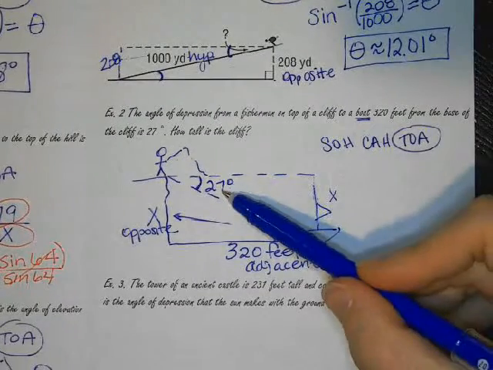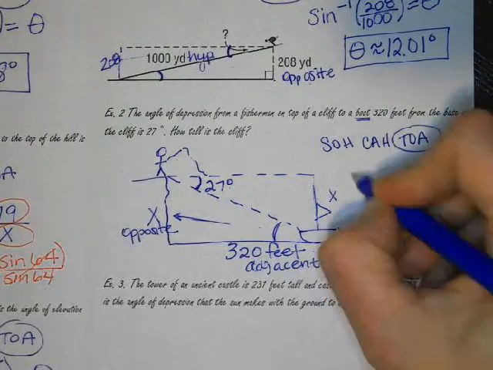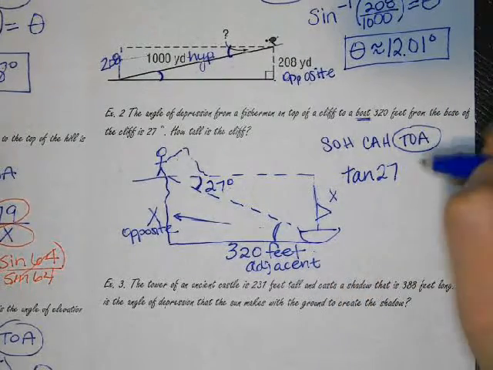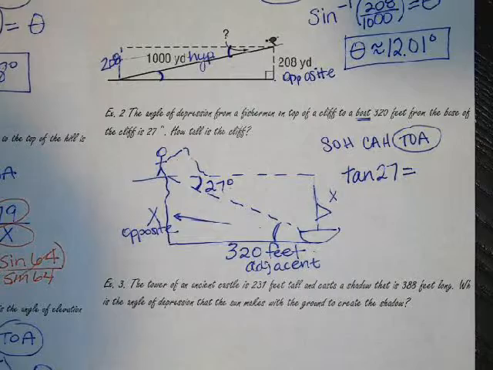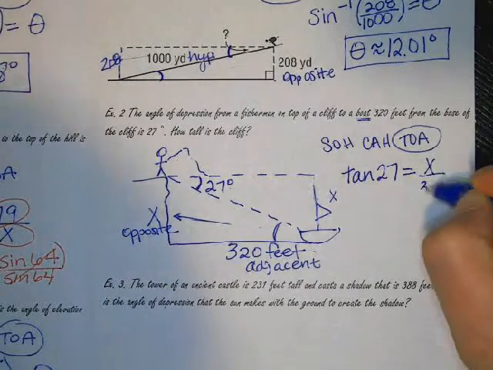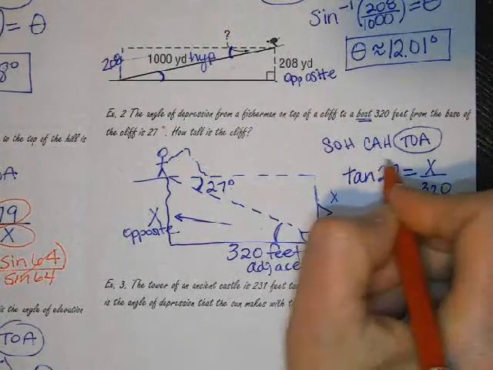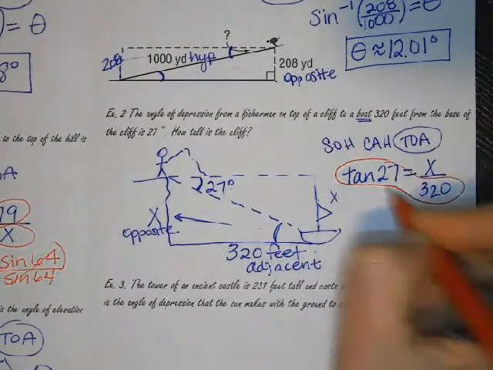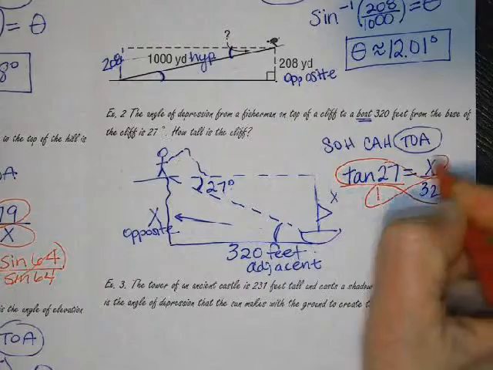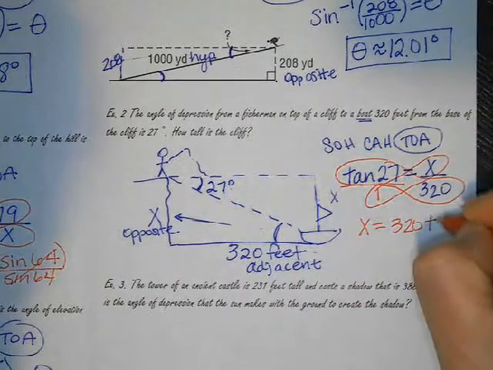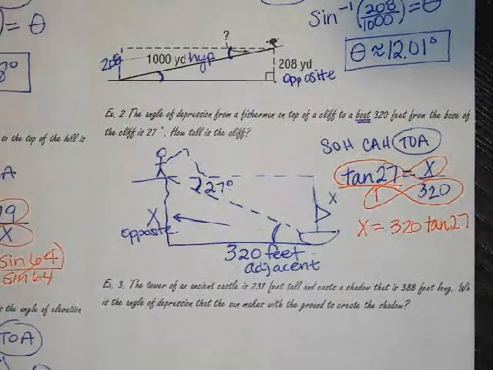So, we know the angle is 27 degrees, so we're going to use regular tangent. Tangent of 27 degrees equals, and we write our fraction, x over 320. I like it when x is on top, because then that just means that I have a real easy one to solve. x equals 320 tangent of 27.